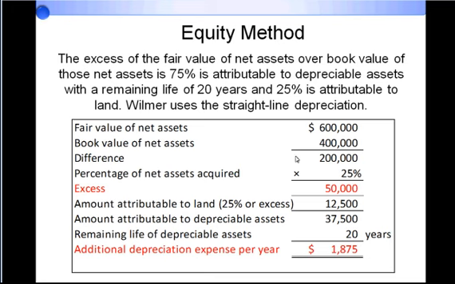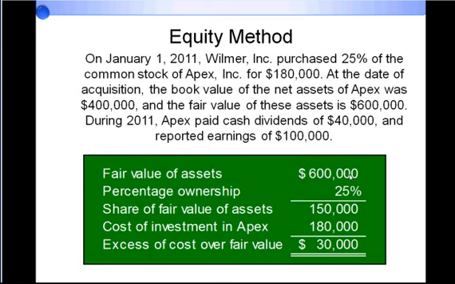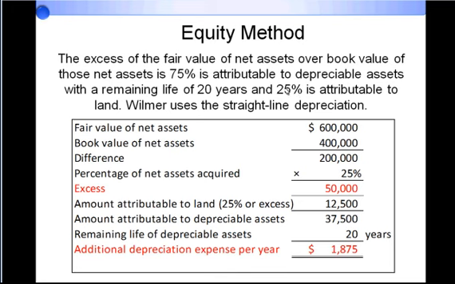So what we're going to do is take the difference between the fair value and the book value, and we multiply that times the 25%, because that's how many of the assets we've purchased. That was our share, if you remember from earlier. That's our percentage ownership. It's just coincidentally the same percentage as the land, but that doesn't matter. That's just a coincidence.